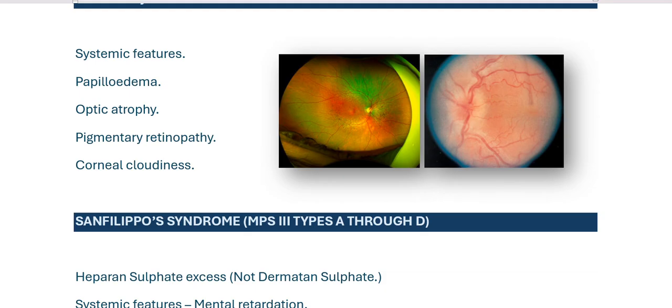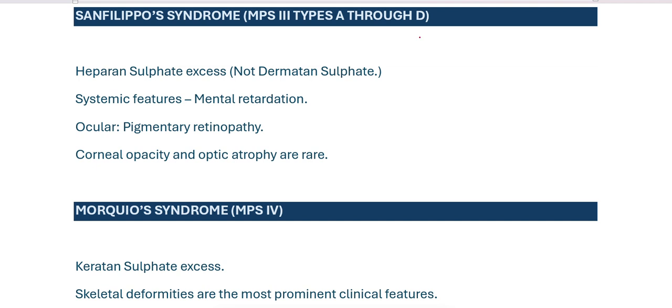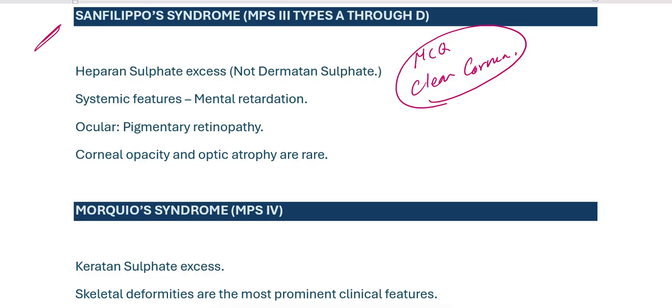Hunter syndrome has just the same systemic features: papilledema, optic atrophy, pigmentary retinopathy, corneal cloudiness. It's more likely to cause retinal problems, optic nerve swelling, and pigmentary retinopathy, like this Optos image on the left. Sanfilippo syndrome is a very common MCQ question. The cornea is clear, so corneal changes in Sanfilippo syndrome are rare. Optic atrophy is rare as well.